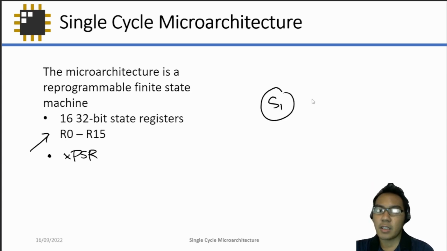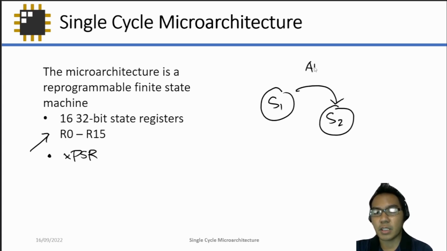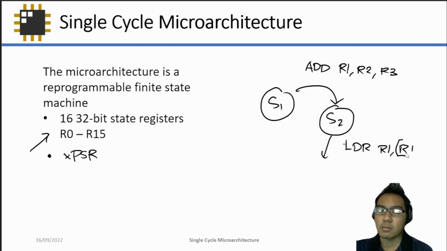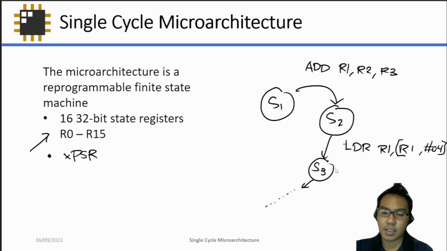But basically, you can think of the computer as having a set of states where you go from one state to the other whenever you read an instruction. And then whenever you have a new instruction, you transition to yet another state, and then yet another state, and yet another state.